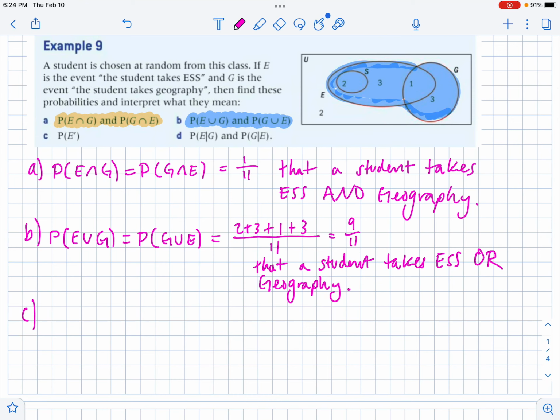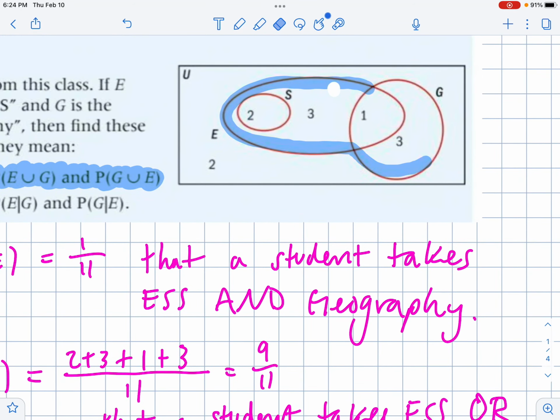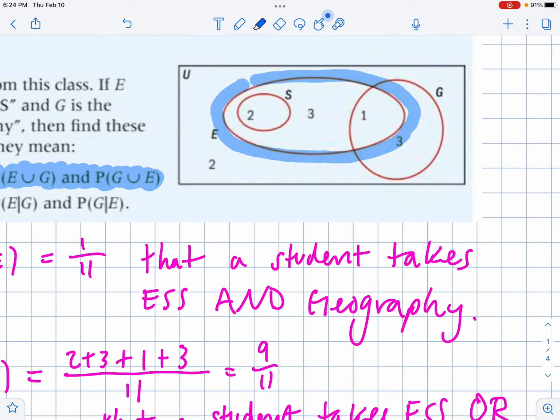Part C, the probability of E naught. Well, E naught, if I was to shade on the diagram, here, let me get rid of this. E naught is everything outside of E. So if you kind of draw a line out around E and then fill in the rest of this, this is the area that is E naught.